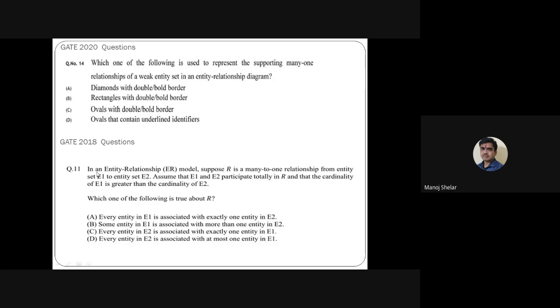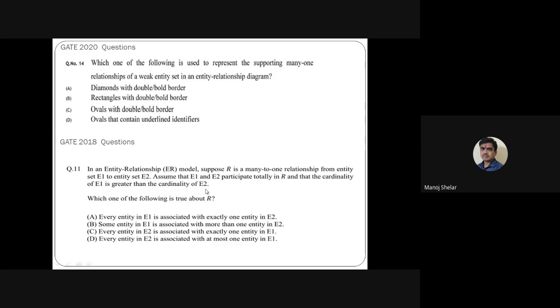Two entity sets here: E1 is one entity set, E2 is another entity set. Assume that E1 and E2 participate totally in R, and the cardinality of E1 is greater than the cardinality of E2.